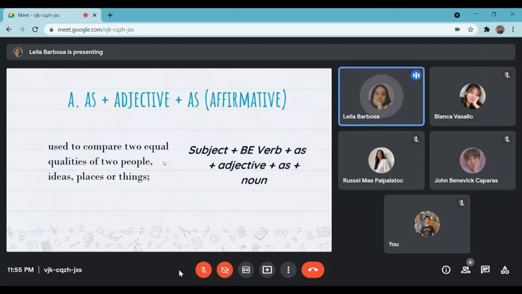The sentence structure is as follows: subject plus be verb plus as plus adjective plus as plus noun.